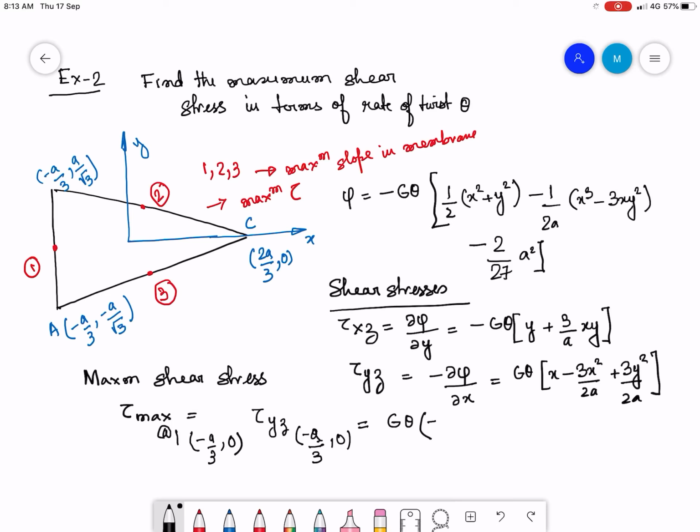If we find that out, we are going to get this as G theta, X is minus a by 3, and minus 3 by 2a, squared by 9. So if you simplify this, we are going to get minus G theta a by 2, and that is the maximum value of the shear stress.